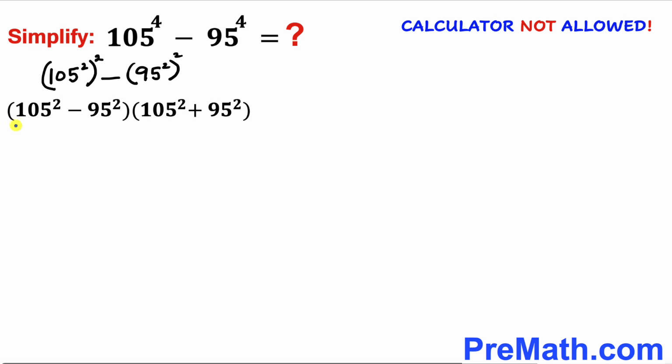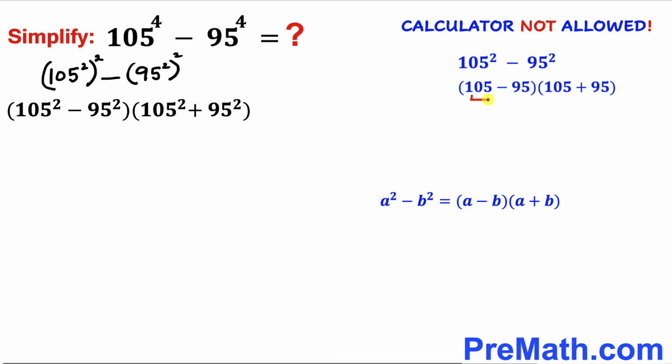And now let's focus on this first factor, 105 square minus 95 square. And here I have copied down this whole thing right here. And now let's recall this famous identity once again. A square minus b square could be written as a minus b times a plus b. And here if I call this a and this is b, then this could be written as 105 minus 95 times 105 plus 95.